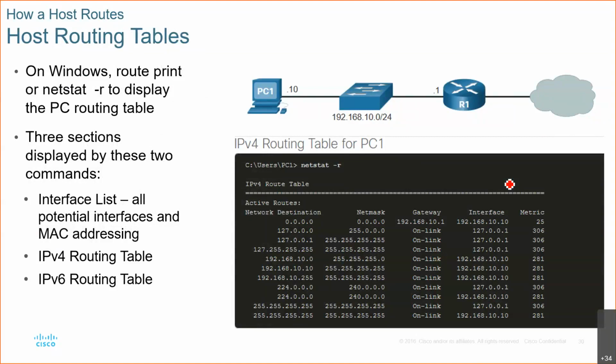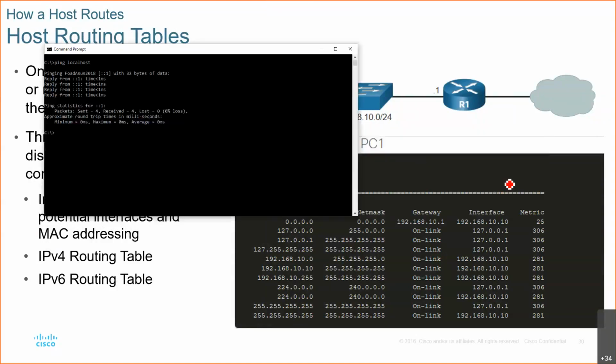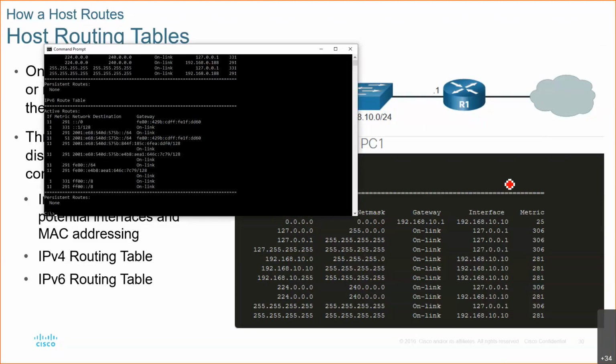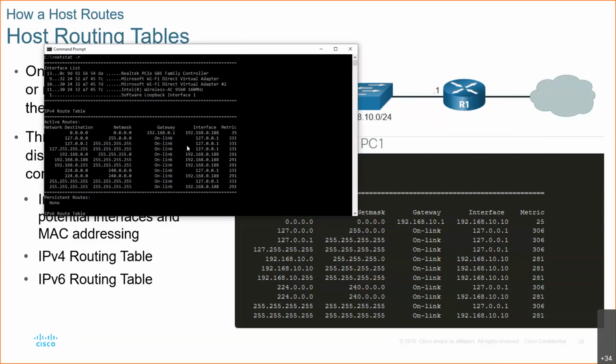So what I can do is type CLS, then netstat -r. Now, I'm connected to my gateway, which is my ISP, 192.168.0.1.